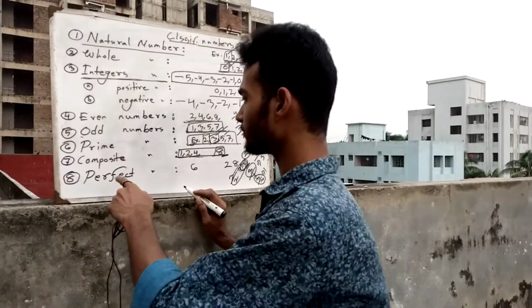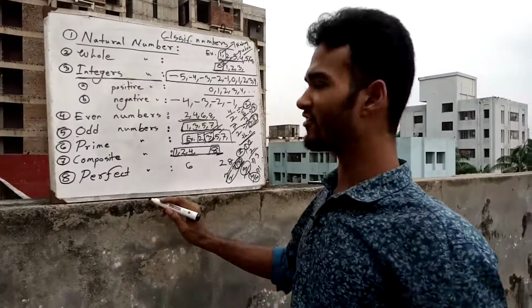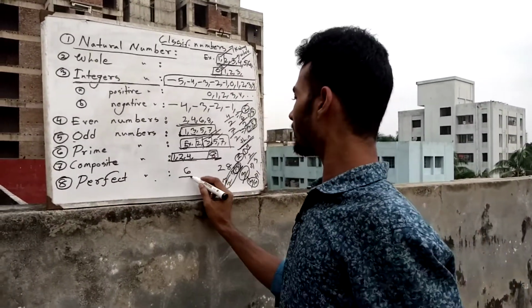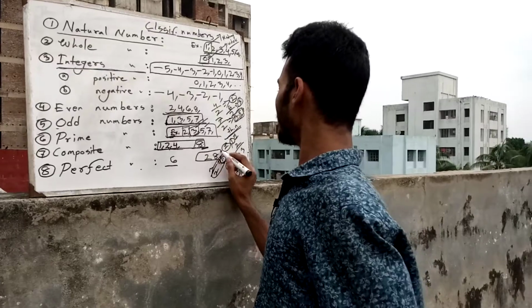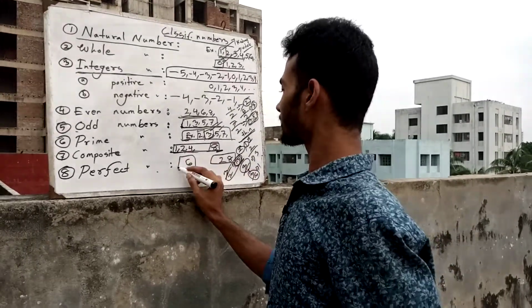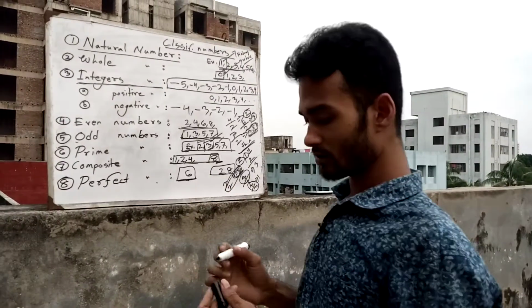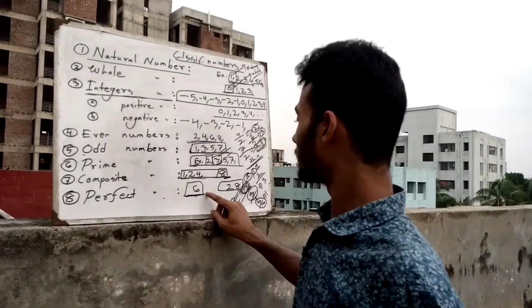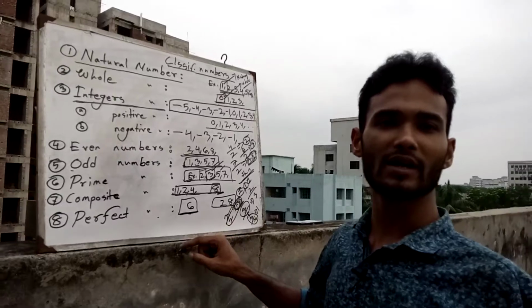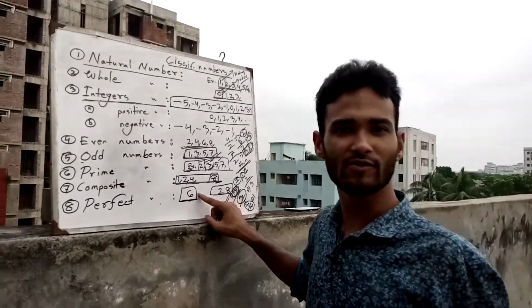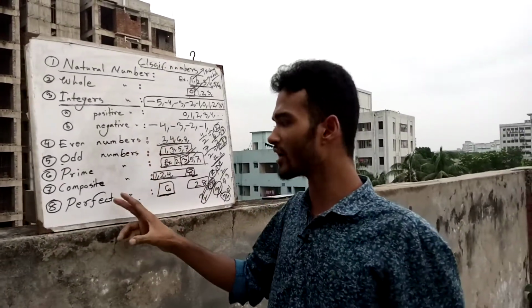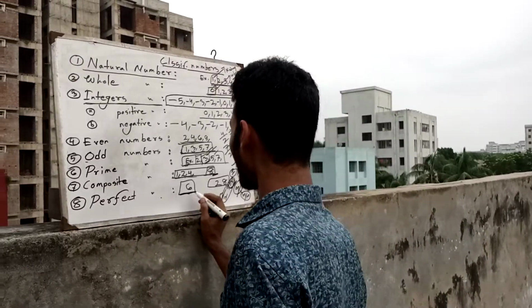Okay, then go for the next one, perfect numbers. A perfect number is a number where all the factors of this number except itself add up to the number. Here is an example, 6.